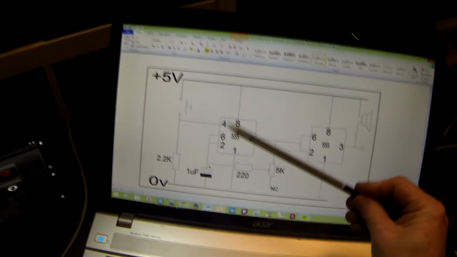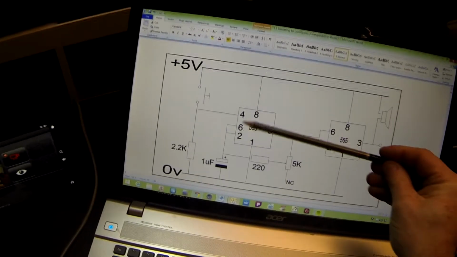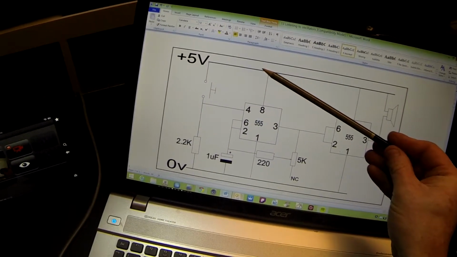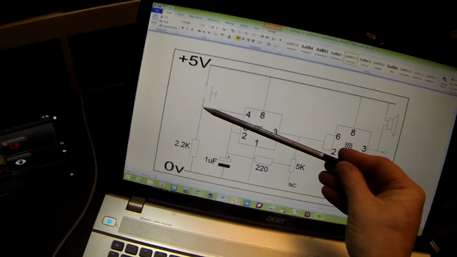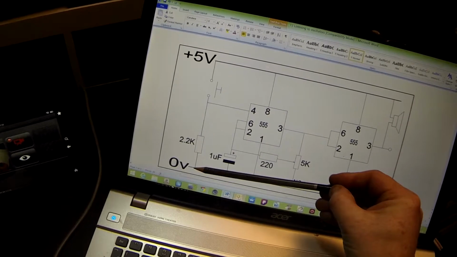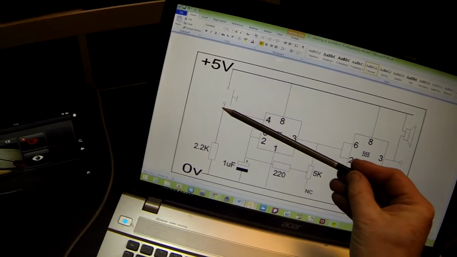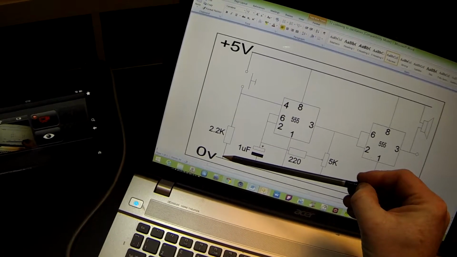So normally pin 4 is held high. That way the circuit would just work. But in this case what we've done, we've held pin 4 low by this pull down resistor, the 2.2k ohm one. So pin 4 is held low because it's connected directly to ground via a resistor.